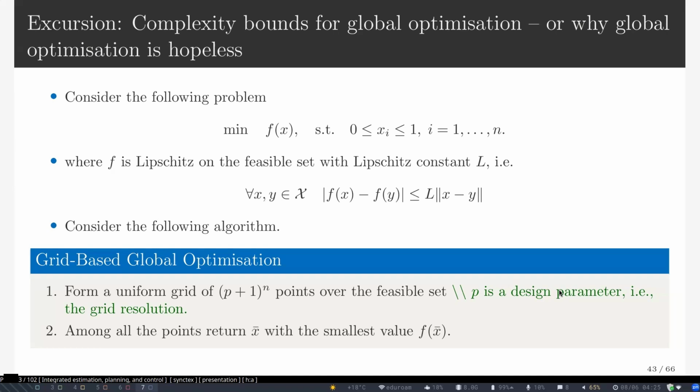And what I do is the most intuitive thing I can ever do. I partition the space into a grid, with p plus 1 points along each axis. Then I evaluate f across all these points and pick the smallest value of them.